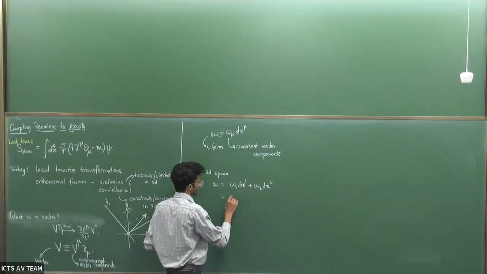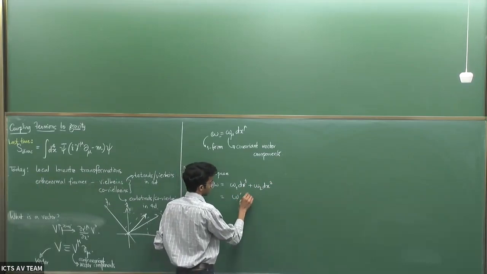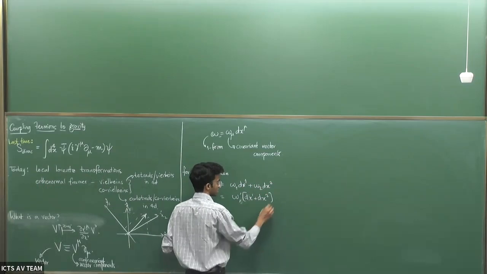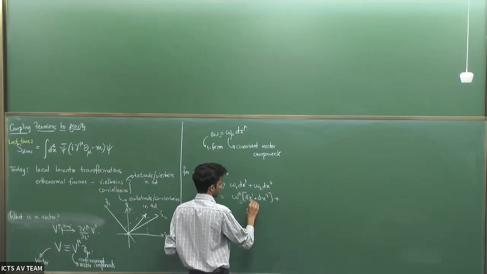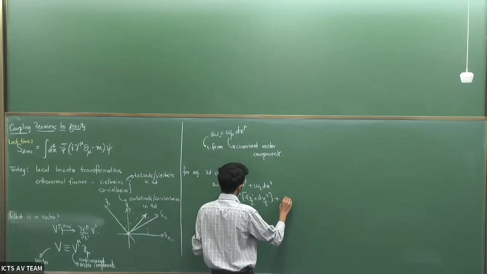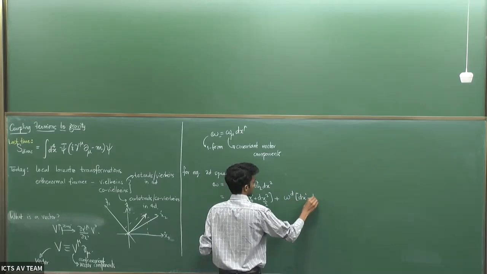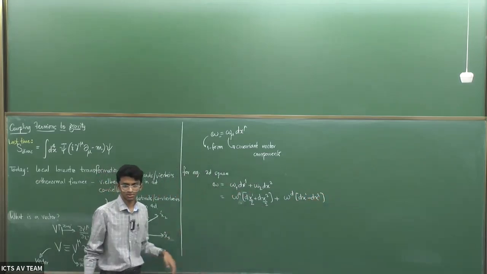I can, for example, write this as omega_a times (dx^1 plus dx^2), with maybe a half here, and I write omega_d as the coefficient of dx^1 minus dx^2. A and d are just average and difference. Just some names. Okay.